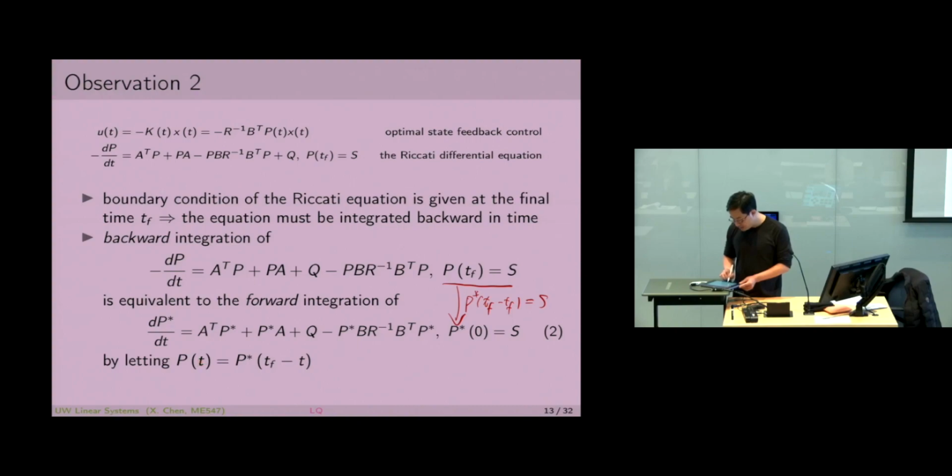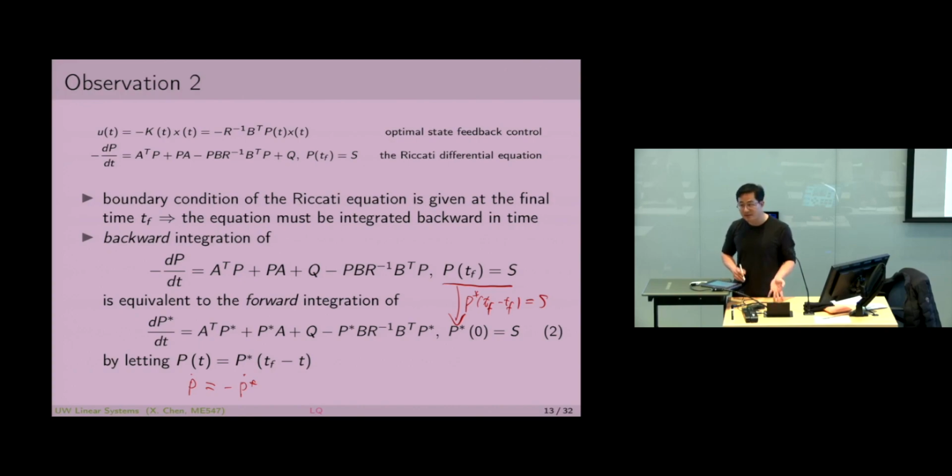Because t is here and we have a negative t here, we know that p dot is equal to negative p dot star. So on this side, actually, things become also easy. We don't have a negative sign. We just have a derivative term. So therefore, this backward integration of the Riccati differential equation is actually a forward integration. We know the initial time. We do integration. We know the slope in the sense, right? We know the slope of what P star is going to become in the next time instance. Then we just integrate forward in time.